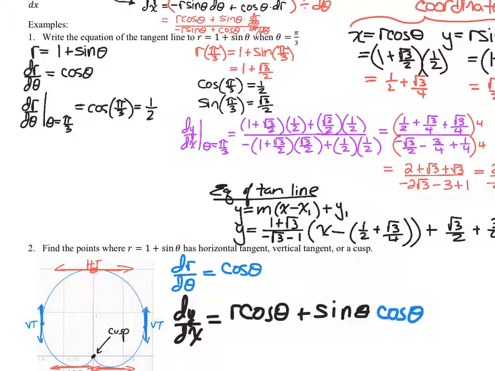It's dr d theta, which I just discovered is cosine theta. And then on the bottom, negative r sine theta plus cosine squared theta, because we'll just multiply it on the fly. I'll actually write it as cosine times cosine first, but then I'll actually multiply it, just so I can color code it.